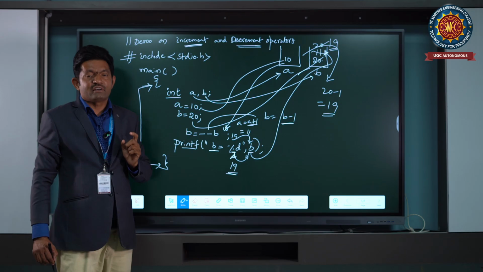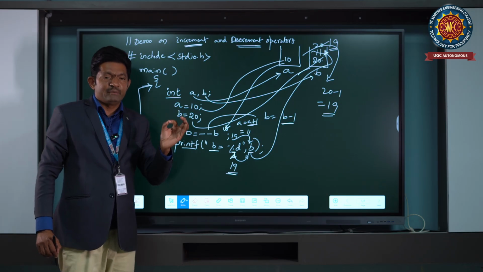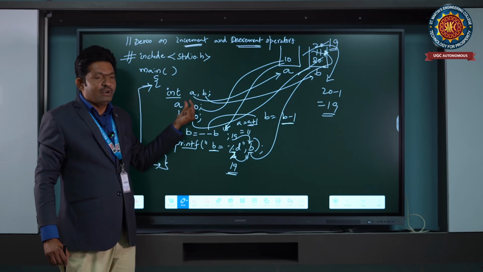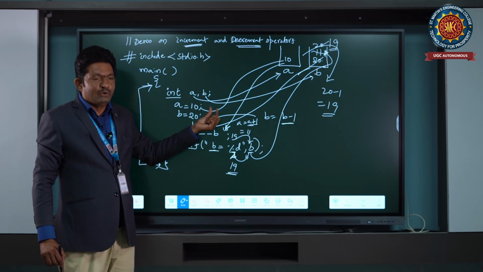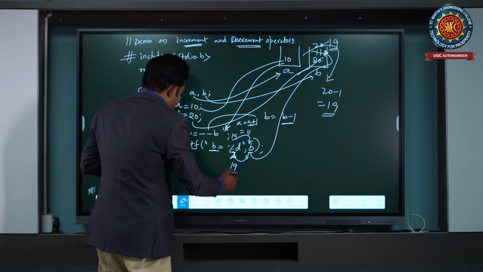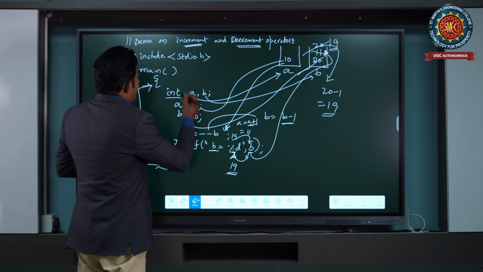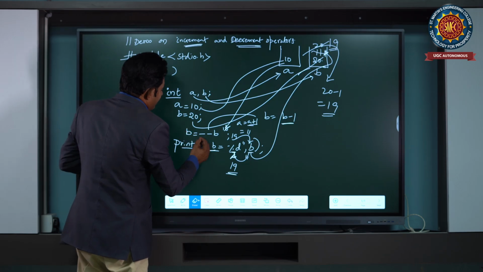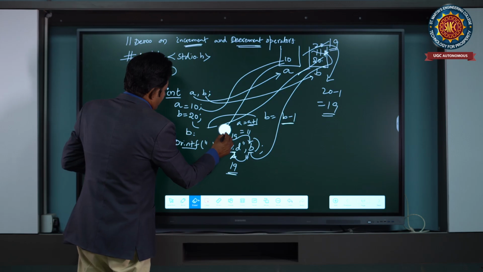Here one rule is available: in post increment or post decrement, first the value is assigned to the left side variable, then the increment or decrement is calculated. So suppose I change the code like this, related to post decrement or post increment.